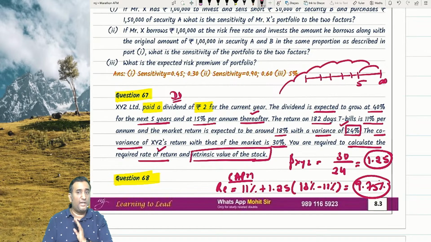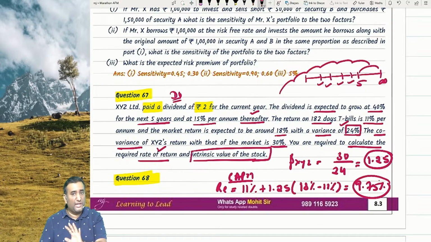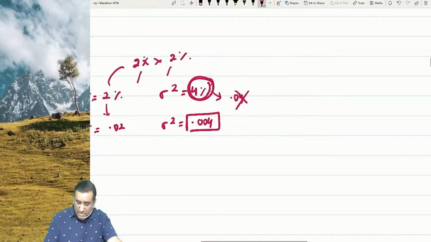He has given what data in the first two lines? Dividend. That means, if you recollect, it's D1, D2, D3, D4, D5. Let me draw the diagrammatical presentation and then we can bring it back. The formula and the answer I'll show in the slide, don't worry.